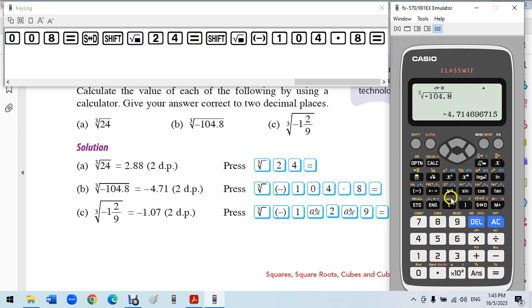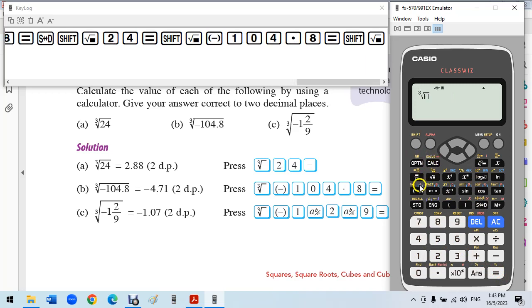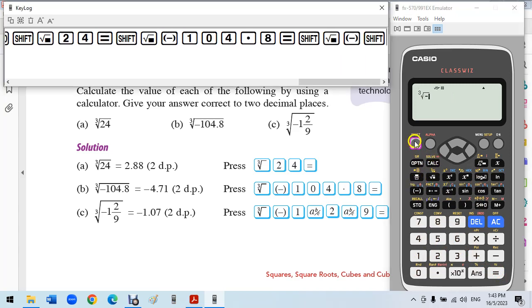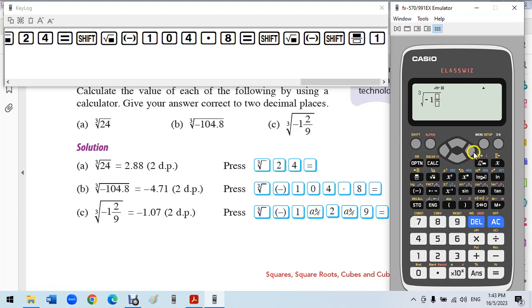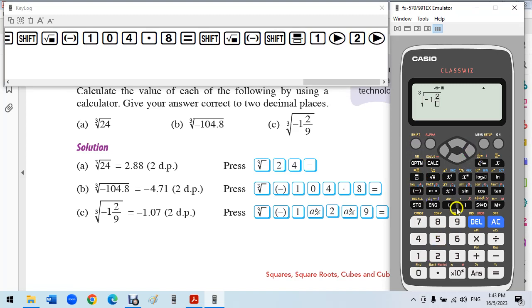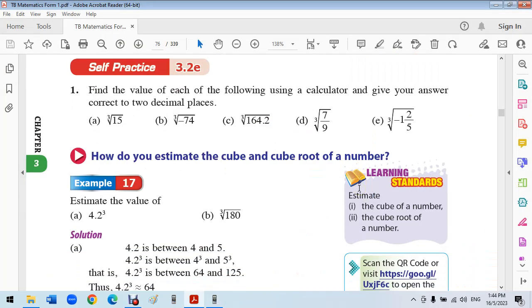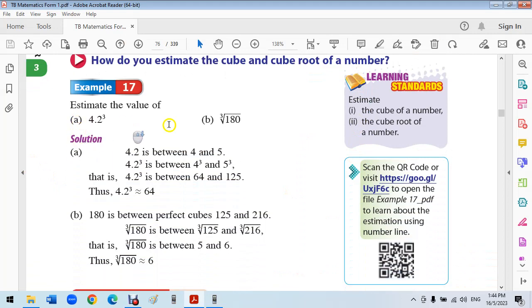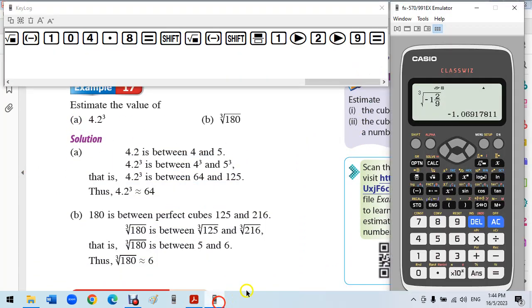Okay, and then we have the cube root of negative 1 and 2 over 9, so negative 1.07.